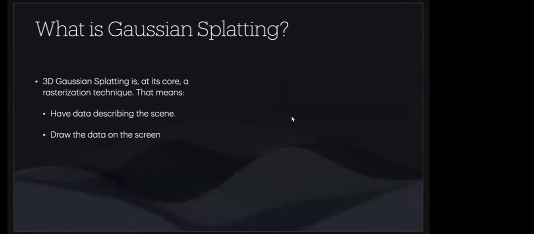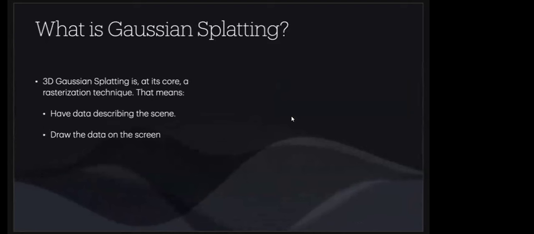So 3D Gaussian splatting is, at its core, basically just a rasterization technique. What rasterization means here is that you want to map the 2D image into a 3D image. And how you do that is by taking multiple sources from different angles in order to capture the whole information.